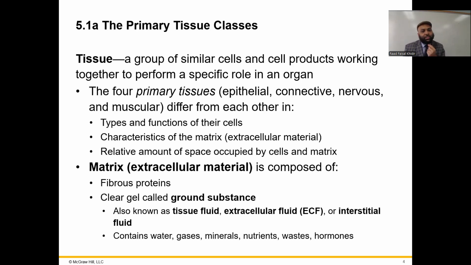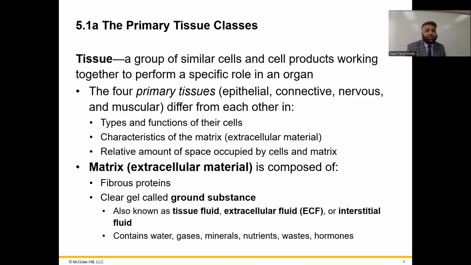So a tissue is a group of similar cells and the cell products working together to form a specific role in an organ. So the four primary tissues we mentioned are your epithelial tissue, your connective tissue, your nervous tissue, and your muscular tissue. And they differ from each other in the types and the functions of their cells.